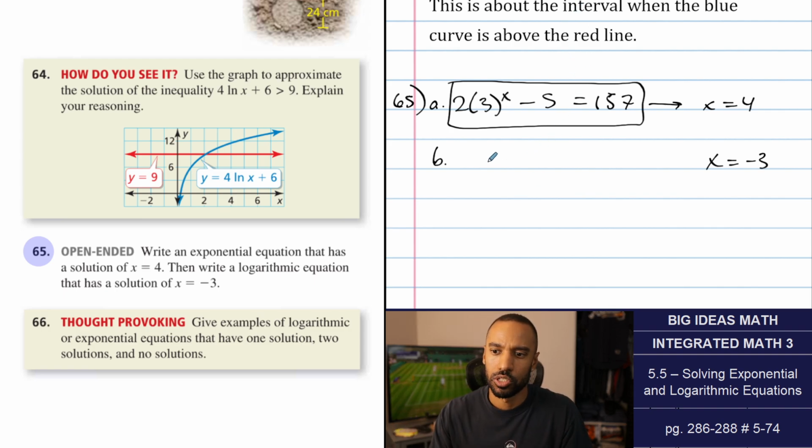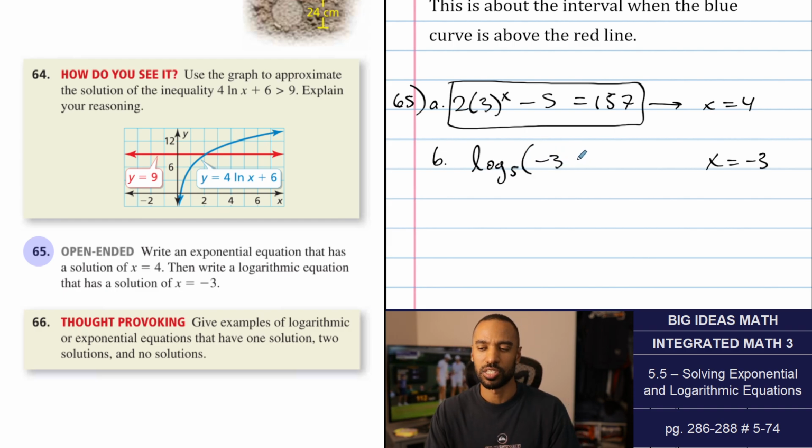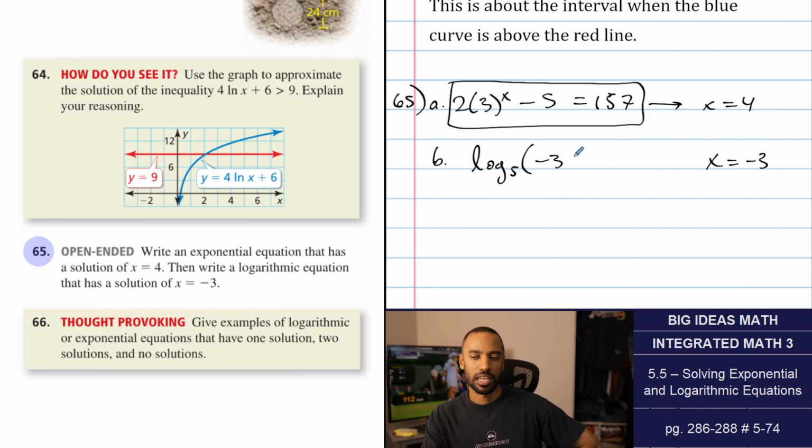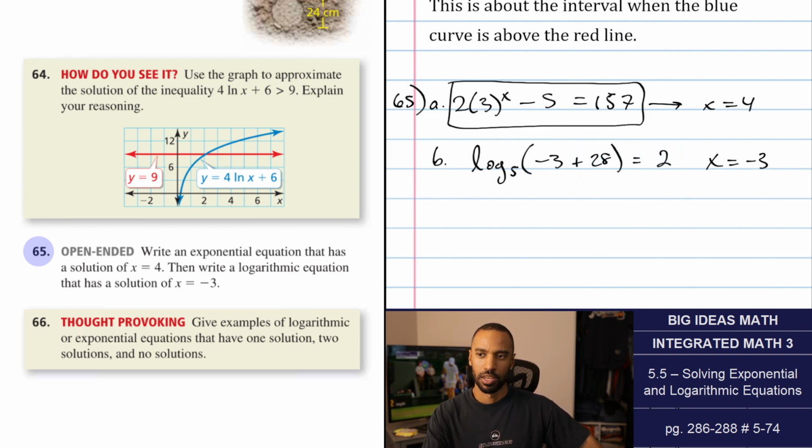Let's go back to log base 5 though. Log base 5 of, and I need -3 to be inside my x here. And let's say I want to get 25 inside of here. So I would need a 28, and this would have to be a 2. 5 squared, because 5 squared is 25. So I can do something like that. So this could be my x.